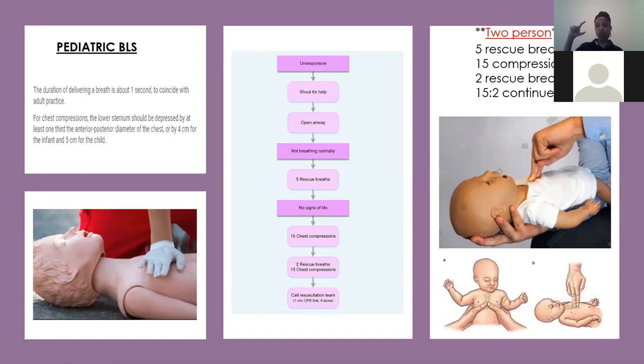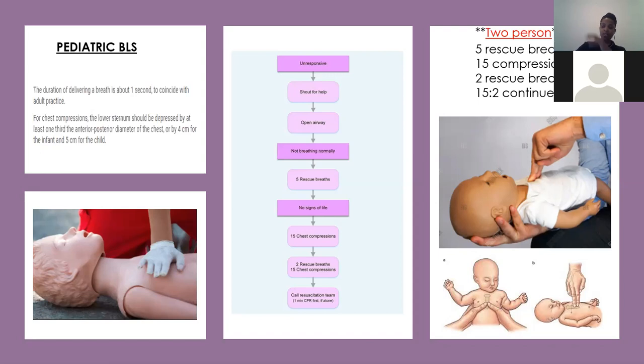You don't want to go super deep. And when you're compressing, wait for the recoil also. A neonate can be compressed in 2 different ways, this way and also this way with the thumbs. Just make sure that there is that type of recoil also. The one who is a bigger child, maybe a little bit of a toddler, then you want to use the heel of your hand, okay?